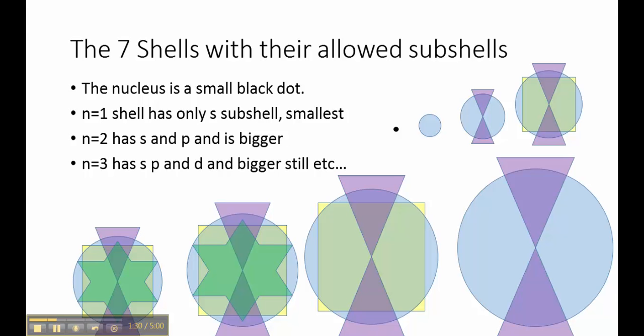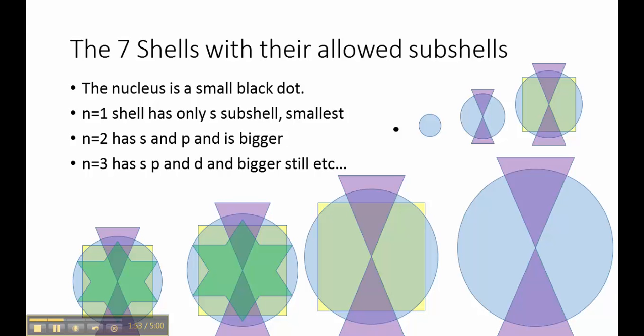That exhausts the shells we need to describe all currently known elements. There is no n equals 8 shell that we know of in reality. We can certainly calculate an n equals 8 shell, as well as D and F shells for higher n values, but they don't correspond to reality. Notice that the size of all types of subshells increases with the primary shell.